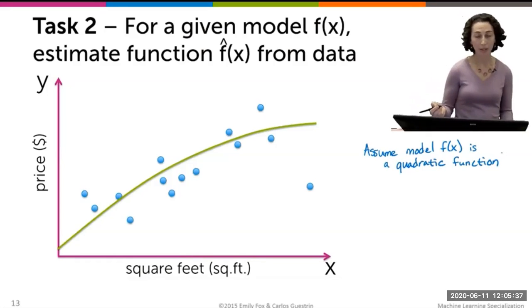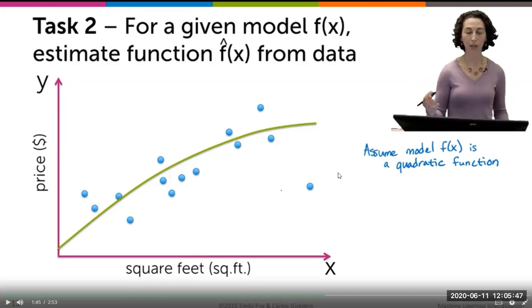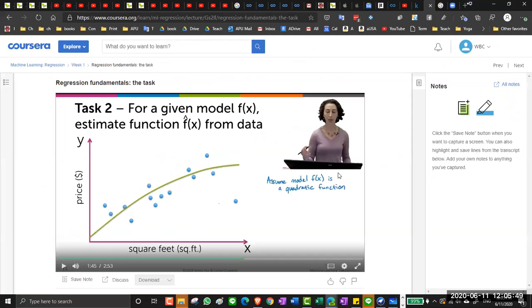Then our next task is going to be to estimate a specific quadratic fit to the data. A model just specifies the form of something. So she said a model just specifies a form.